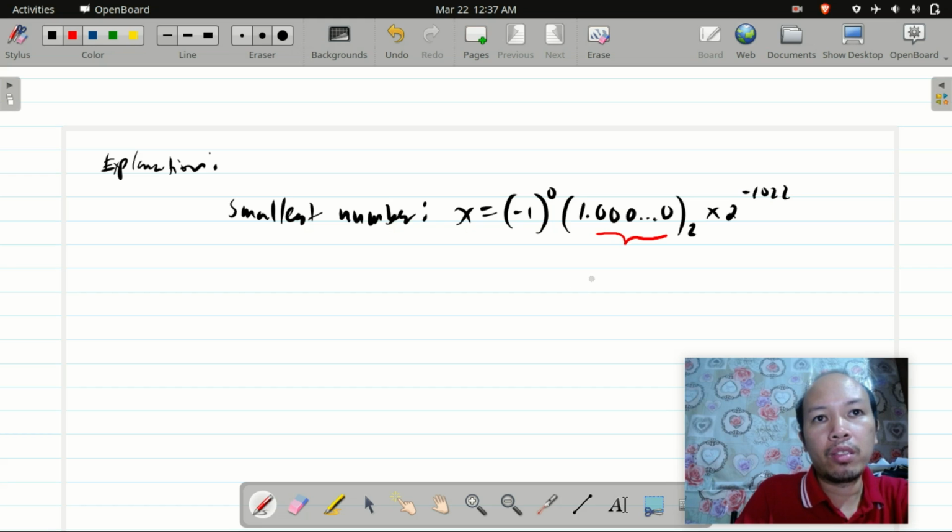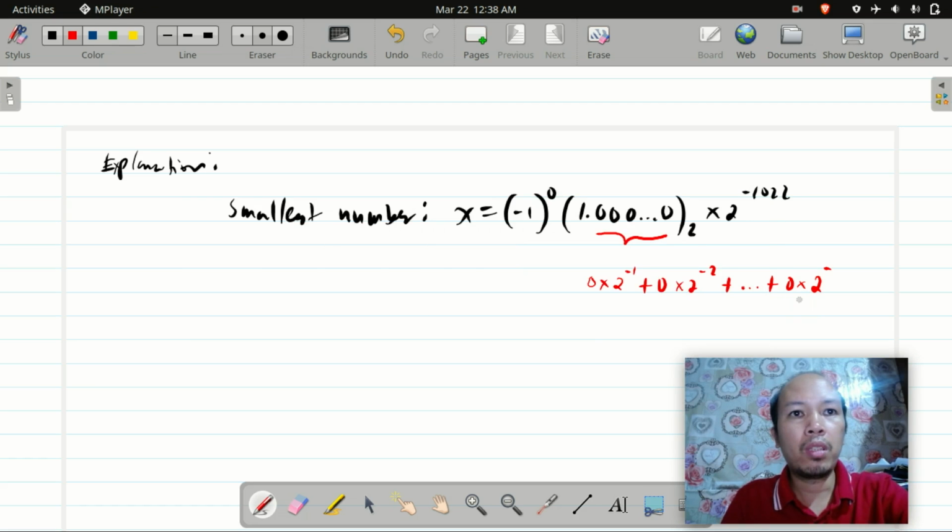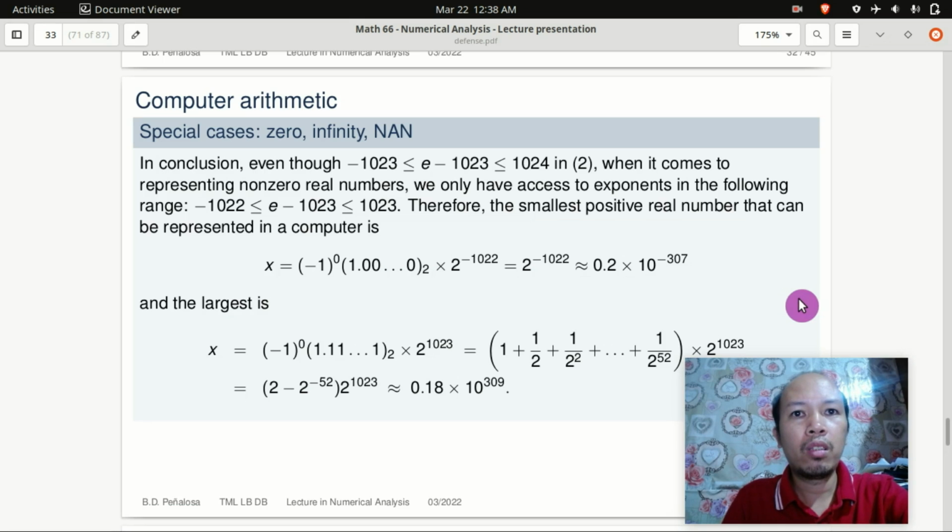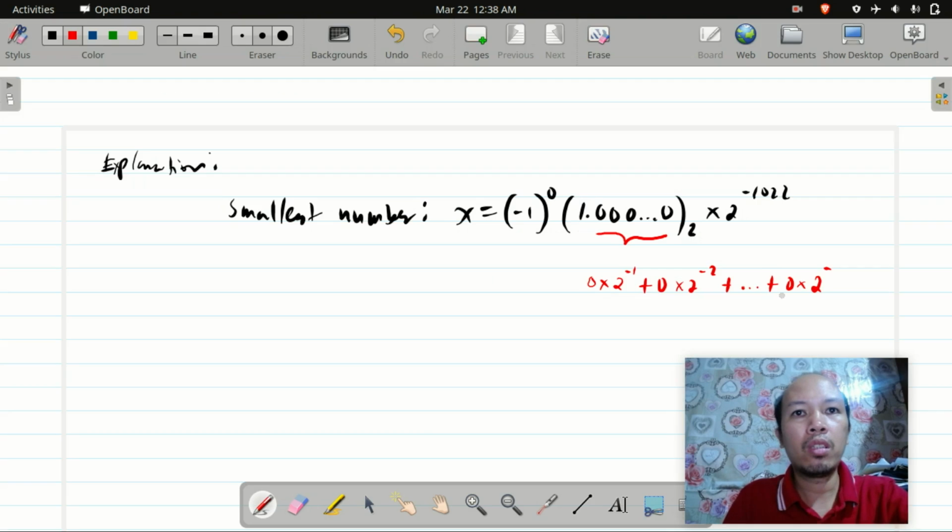0 times 2 to the negative 1. Since we have a base 2, 0 times 2 to the negative 2, and so on up to 0 times 2 to the negative 52.